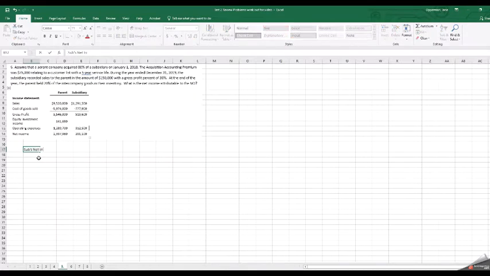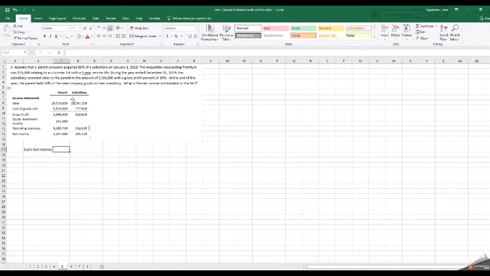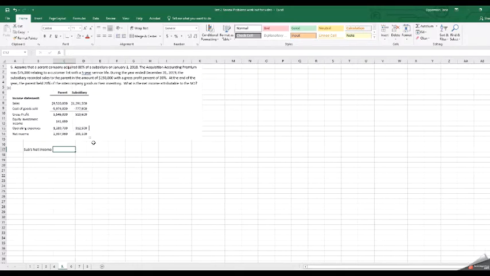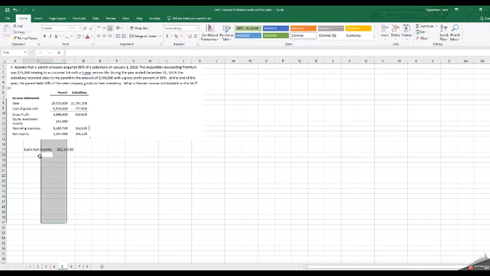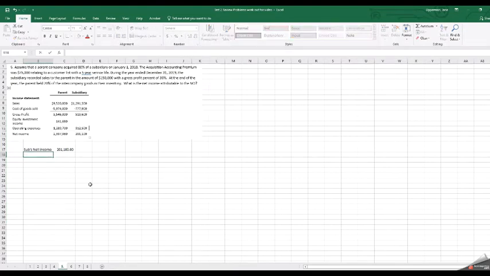So we start with the sub's net income. We pick that up right off of the income statement, and that is the $201,100. Make that a number. Then we're going to adjust it for the amortization of the premium.